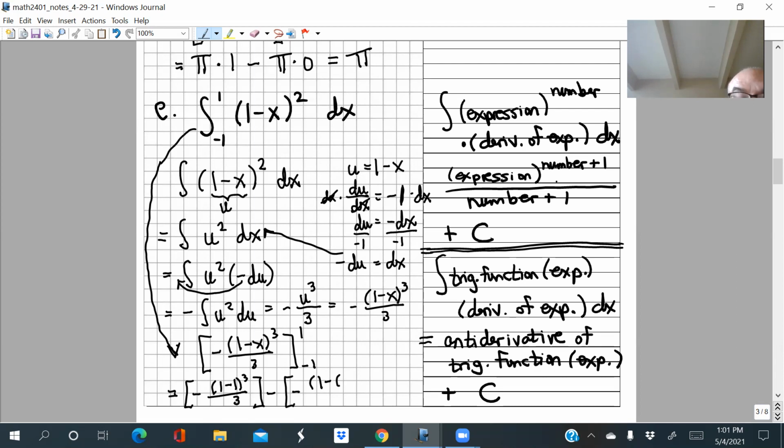Minus a -1, because I'm going to plug the -1 in for x. So you have (1 minus a -1), all of that cubed over 3. And don't forget you have this minus sign there as well. So what happens here?